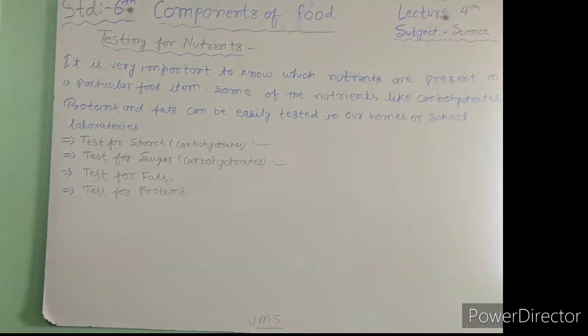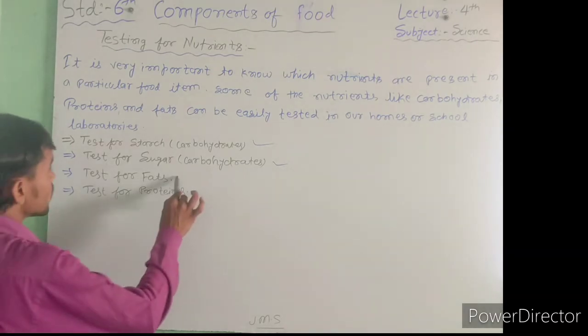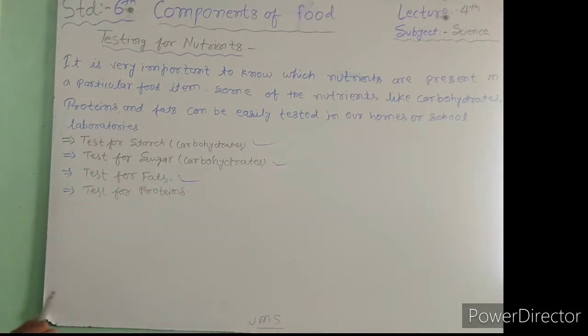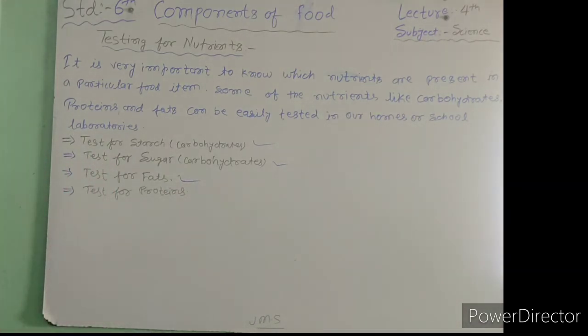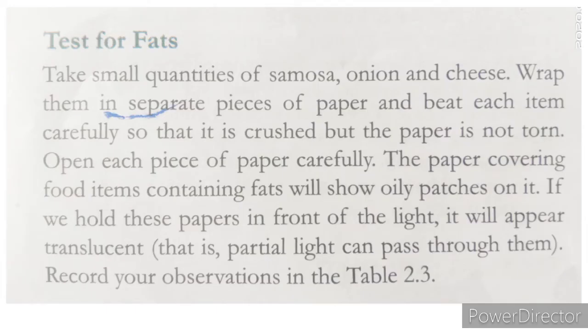The third test is the test for fat. First see the content, and I will also explain it. For the test for fats, take small quantities of samosa, onion and cheese, and wrap them in separate pieces of paper and rub each item carefully, so that it is crushed but the paper is not torn. Next, open each piece of paper carefully.